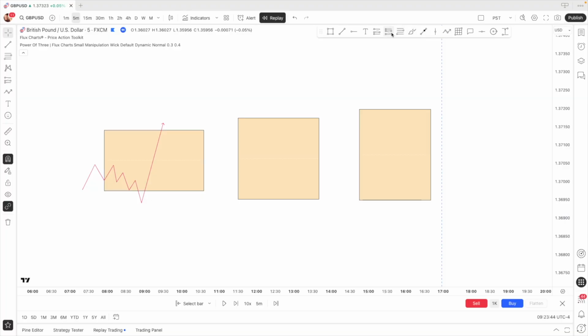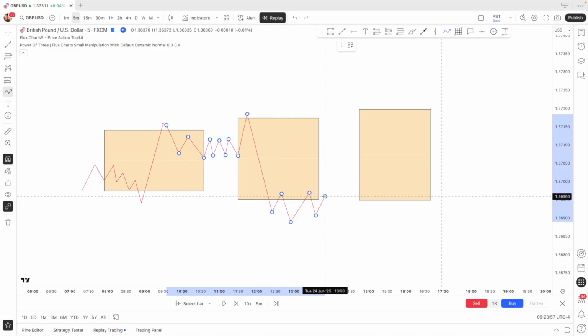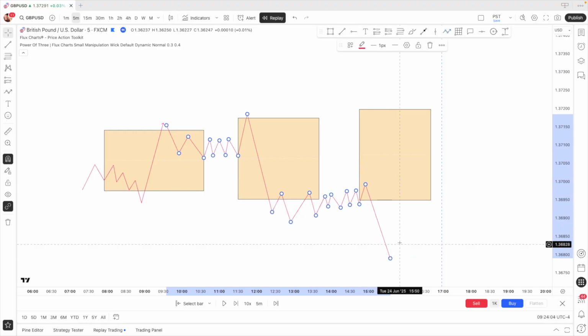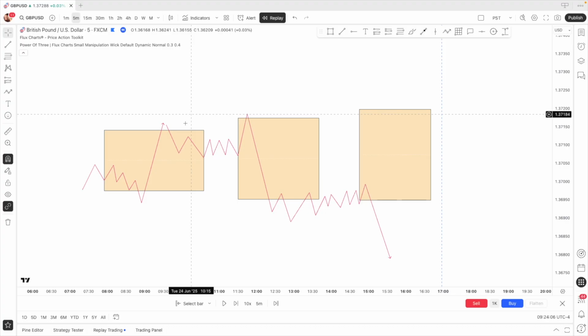And then let's say price continues on for the day. Now we have accumulation, then manipulation and then distribution, and then the cycle starts all over again. Accumulation, manipulation, distribution.